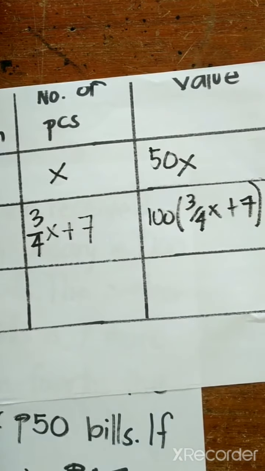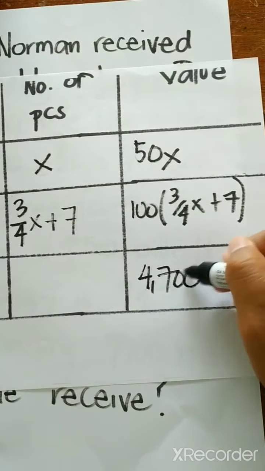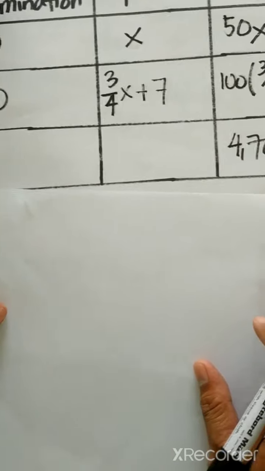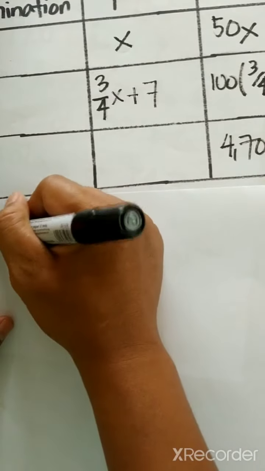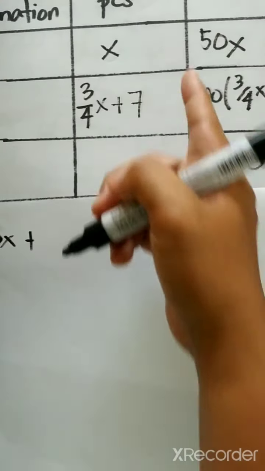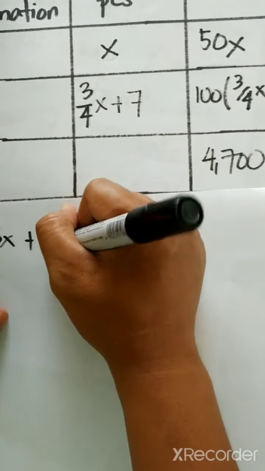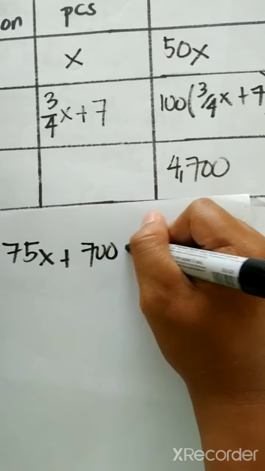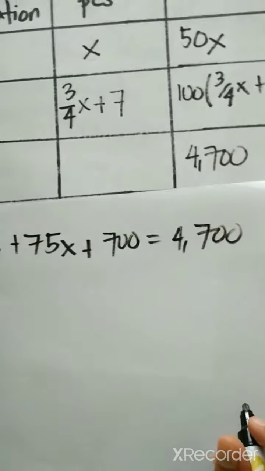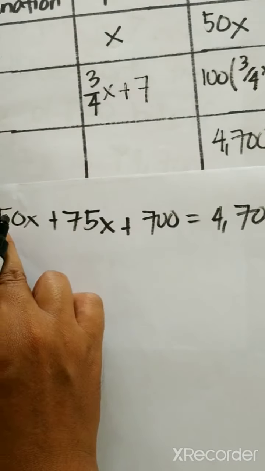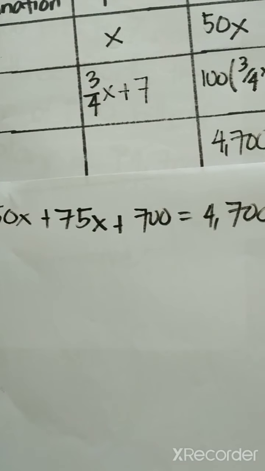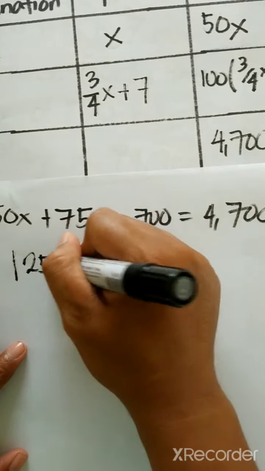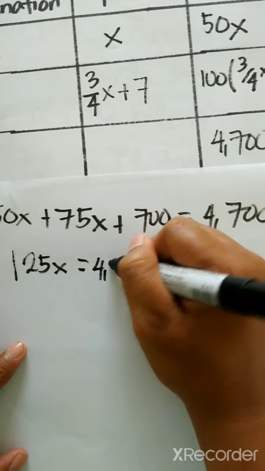Total value: how much is his salary? It says it is 4,700. Let's try to equate it now. We have 50x plus 100 times 3/4 x, which gives 75x, plus 100 times 7, which is 700, equals 4,700. 50x plus 75x gives us 125x equals 4,700.